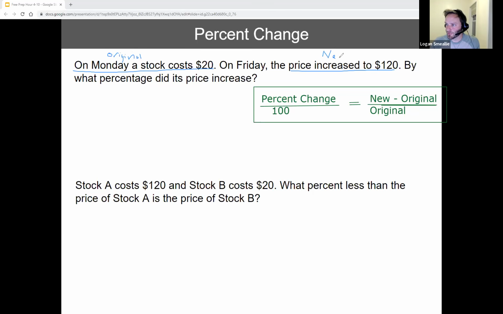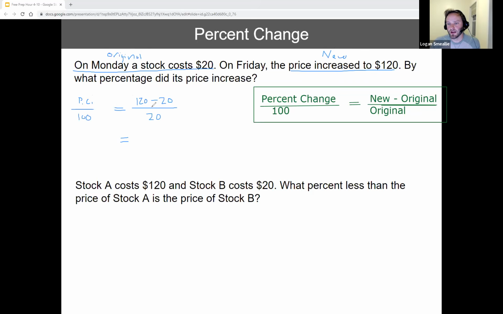And the new is whatever we have now. So my new is 120. My original was 20, so I'll do 120 minus 20 divided by the original, which was 20. That's going to equal my percent change over 100.